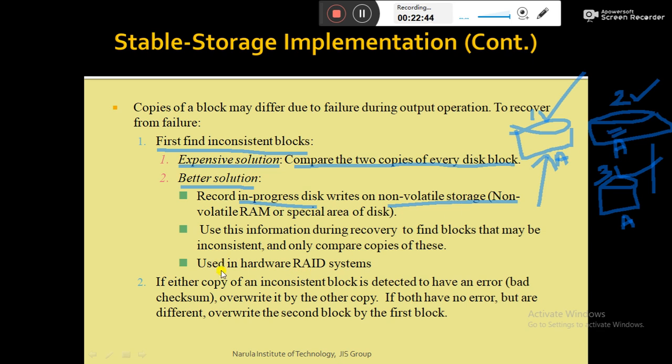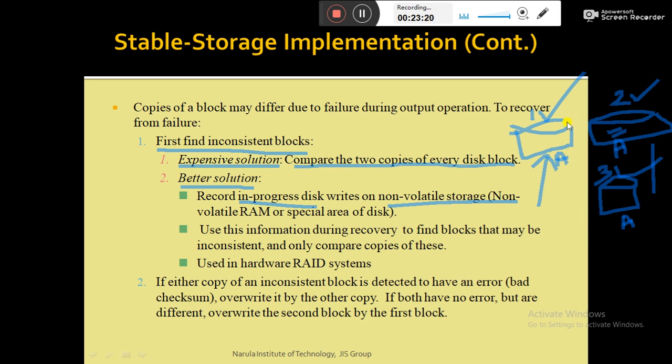We can also use the RAID system. RAID is specially used for stable storage. RAID is a concept in technology by which we can implement stable storage. After comparing the disks, if one of the disks is found to be inconsistent, then we have to override the failed disk's content with the other copy.